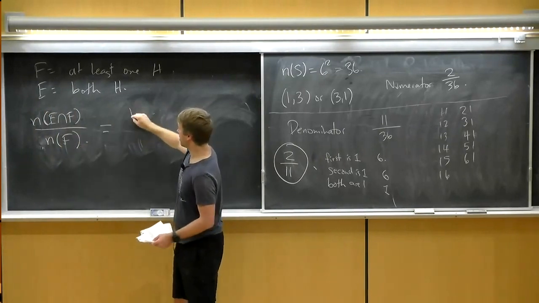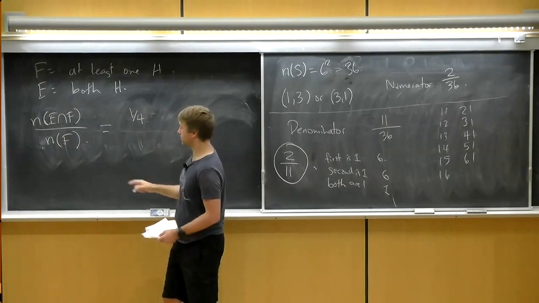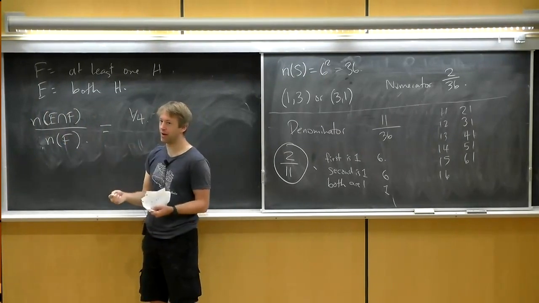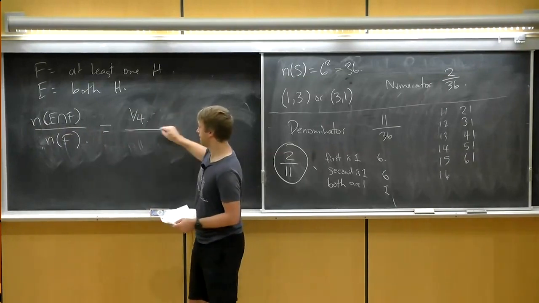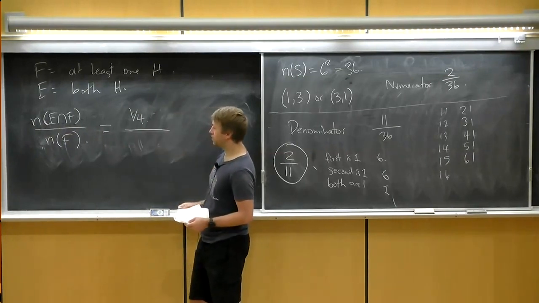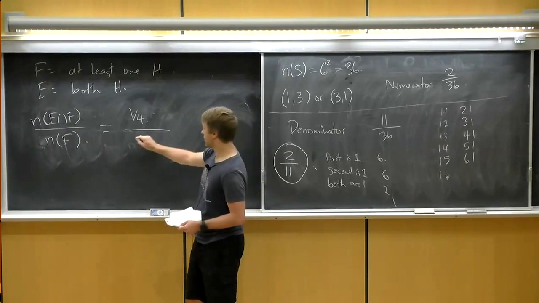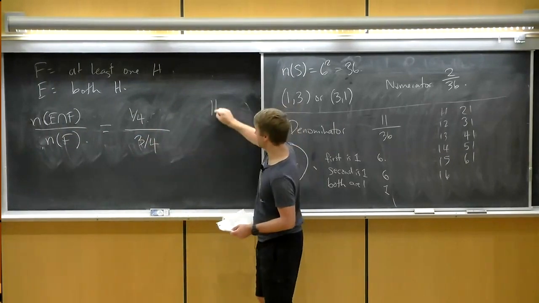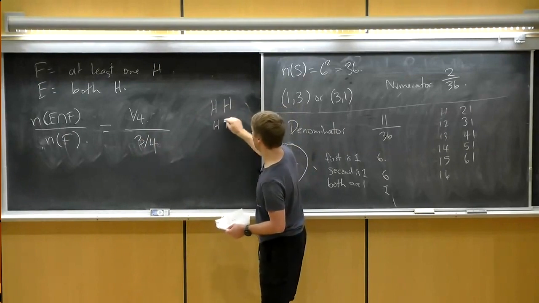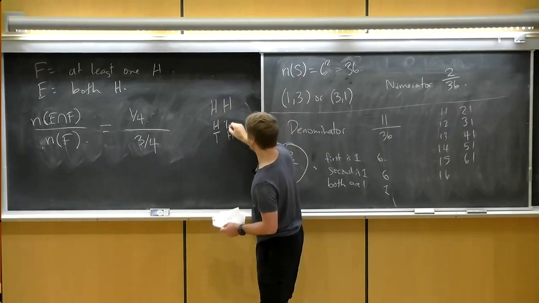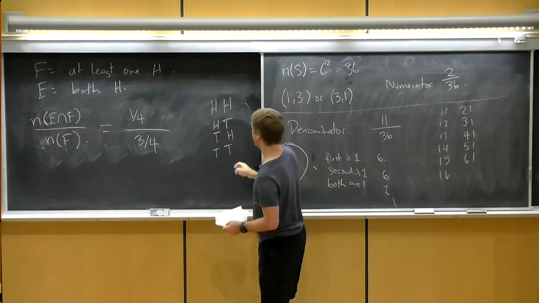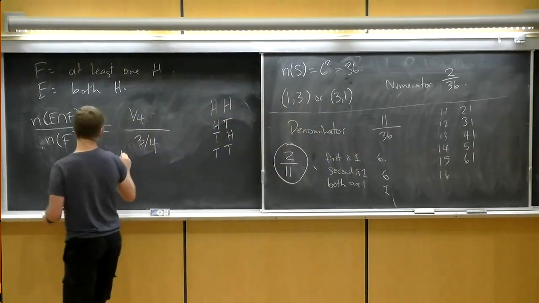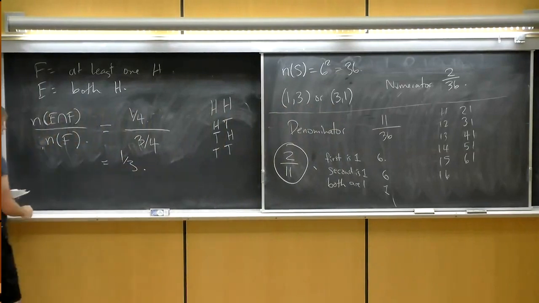The top is going to be a quarter, because the probability that you have at least one head and both are heads is just the probability both are heads. The probability of getting at least one head is 3/4, right? Because you've got HH, HT, TH, TT. 3 of them have at least one head, which gives you a third.